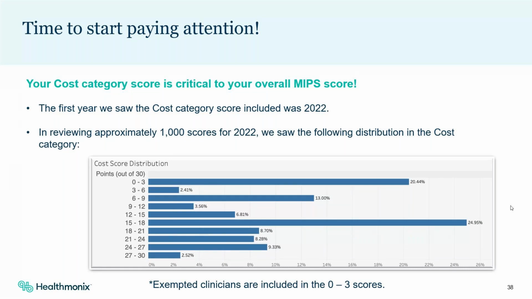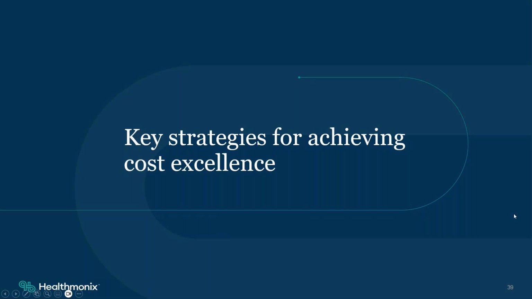So, next slide. So now we're going to talk about ways where you can potentially affect your cost score and make some changes in order to see improvement.